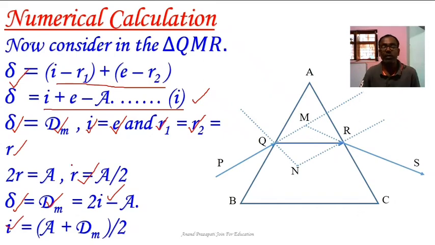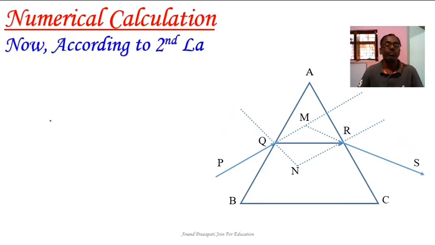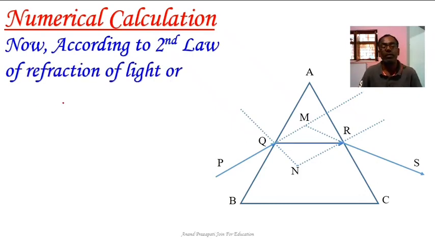Now we apply second law of refraction of light. This is also known as the Snell's law. Now we recall Snell's law. In Snell's law, n1 into sin i equal to n2 into sin r.